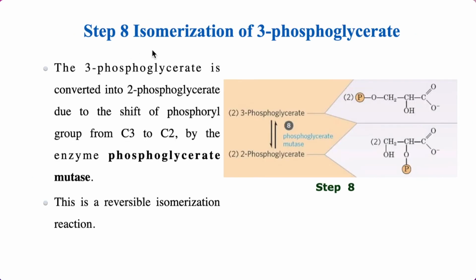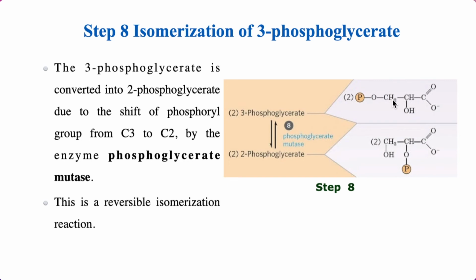And the 8th step is the isomerization of 3-phosphoglycerate. Isomerization occurs in this step. So 3-phosphoglycerate is converted to 2-phosphoglycerate with the help of the enzyme phosphoglycerate mutase. Now see the structure. POCH2CHOH, C double bond O. This is the structure of 3-phosphoglycerate. It is converted to 2-phosphoglycerate. You can shift the phosphate group here.